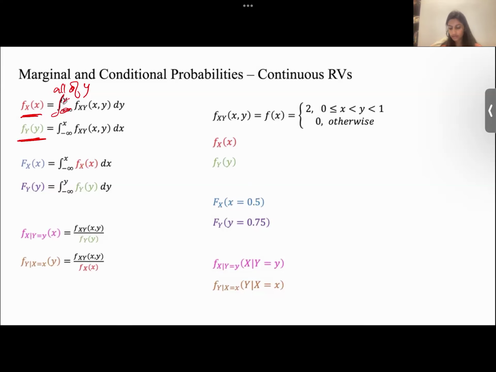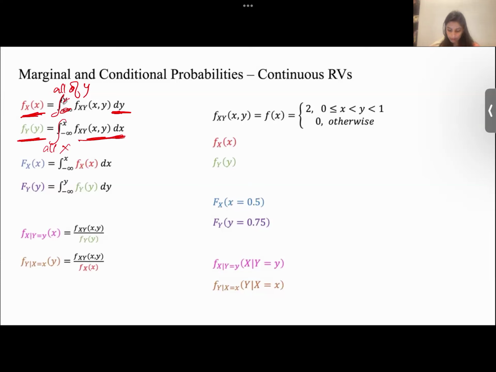And you can do the same thing with the marginal probability of y. You integrate this function over all the values x can take, dx. So you have to be mindful of this.